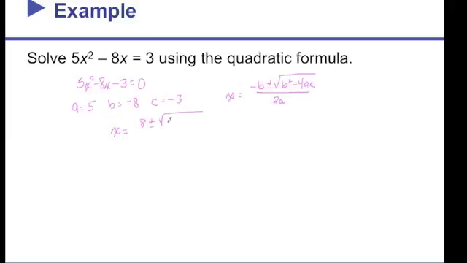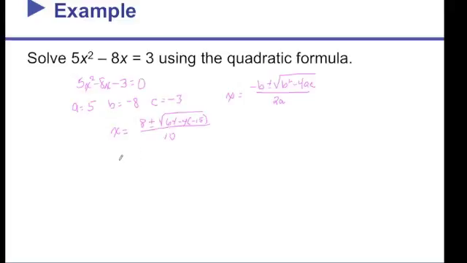Negative 8 times negative 8 is positive 64, minus 4 times a times c. Well, a is 5, c is negative 3, so a times c will be negative 15, all over 2 times a, so that will be 10.